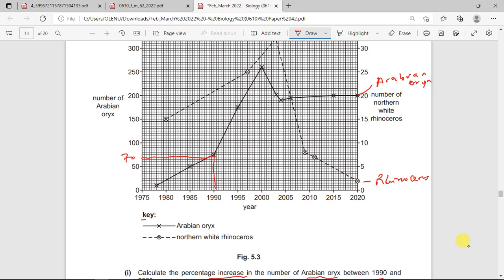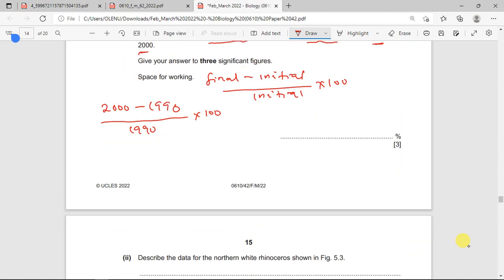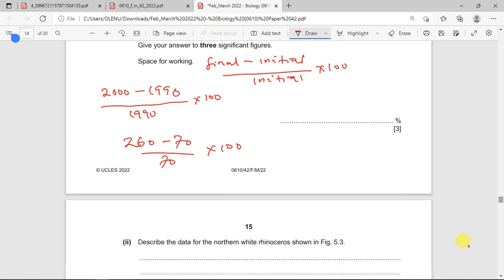So this is around 70, while for 2000, if you trace it, it indicates around 260. So you just come 70, so 2000 is 260 minus 70, divide by 70 times 100. I'm not with my calculator, but if you do that, you should be able to convert your answer to 3 significant figures and write it down.